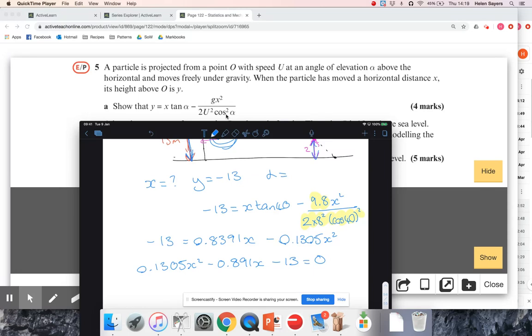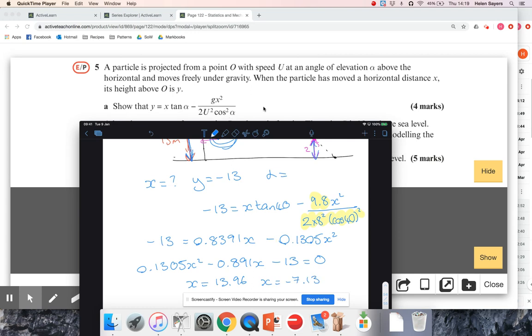So A is 0.1305, B is minus 0.891, C is minus 13. So that is giving me X is 13.96, or X is minus 7.13.